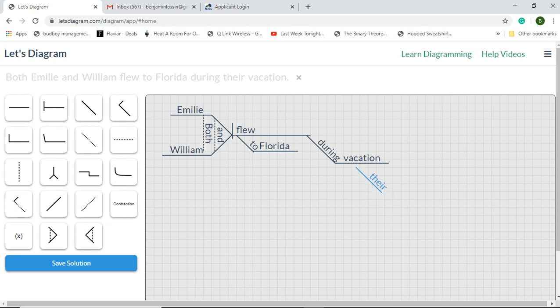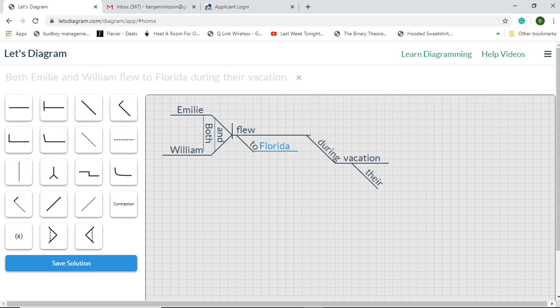And this is how your first one should look. Emily and William are compound subjects. Both and and are correlative conjunctions. Flew is the verb. To is the preposition.